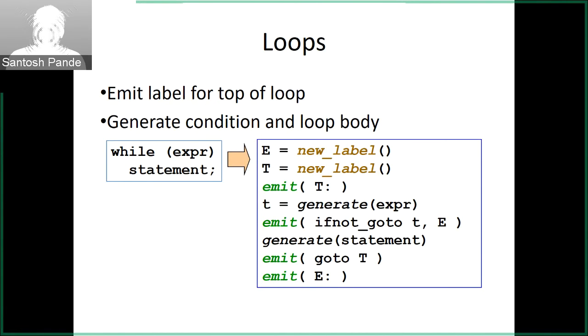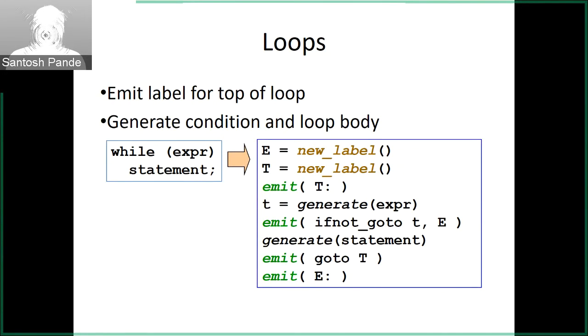So for the expressions, you can see again what we do here is we want to be able to loop back again and again. So we have a new label at the top. We do have evaluation of this expression, held in T. When the expression is false, we have a branch out in if not go to.